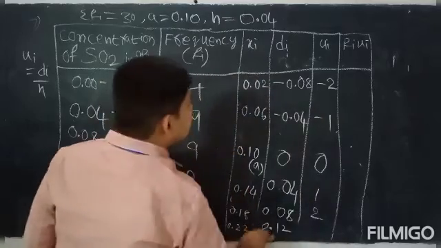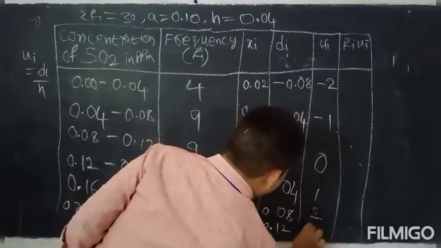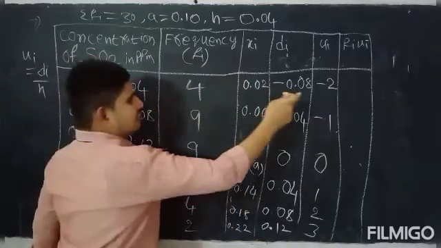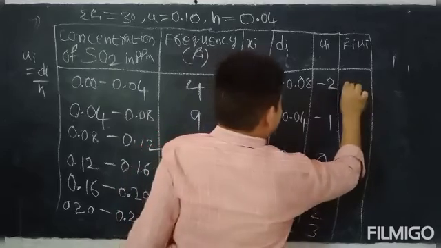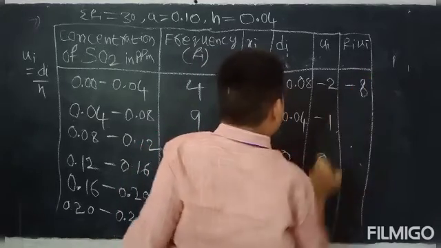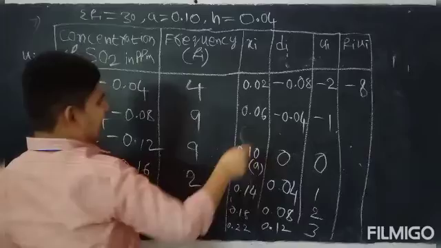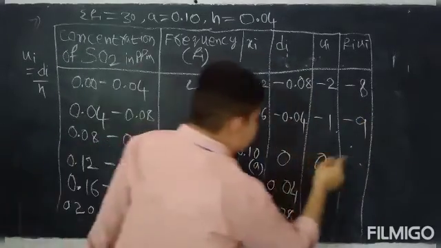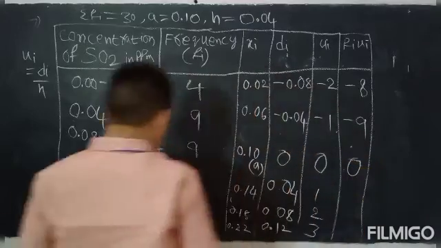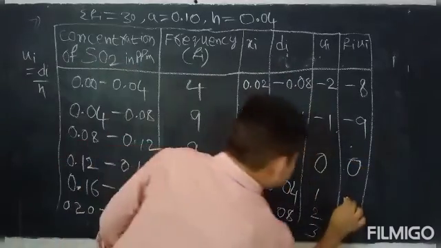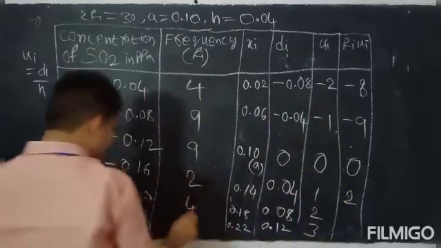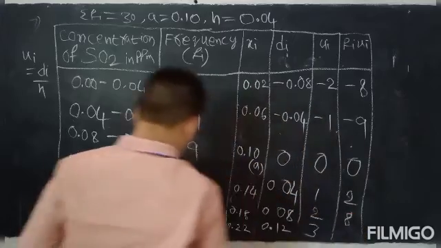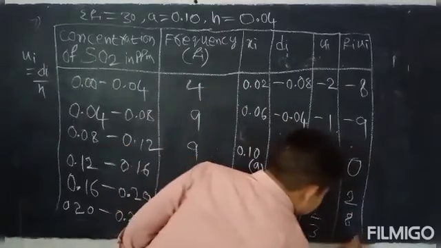Okay, now 0.12 by 0.04, 3. Now Fi Ui. Okay, 4 into minus 2, minus 8. Then 9 into minus 1, minus 9. Then 0 into 0, 0. Now 2 into 1, 2. Then 4 into 2, 8. Then 2 into 3, 6.